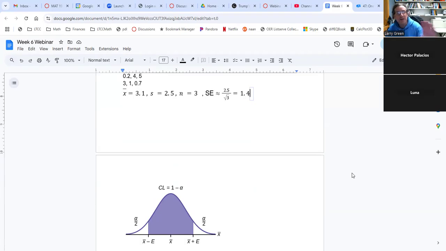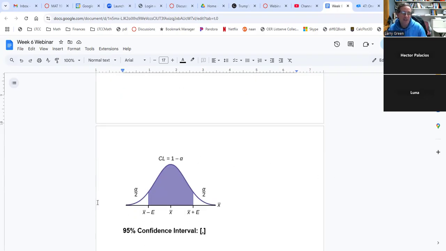You would never have a sample size of 3 for anything you care about. But if we had a normal distribution, the curve looks like this, a nice bell-shaped normal curve. X bar is our best guess, so we'll put that right in the middle.